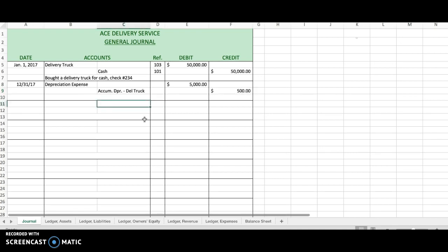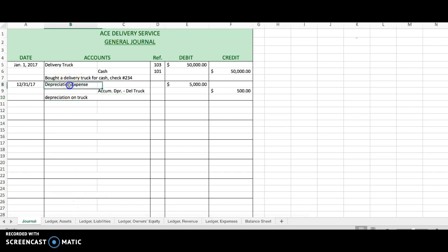This is the entry. This is the depreciation entry. And our explanation is simply that. Depreciation on the truck. Okay, and now we need to post it.